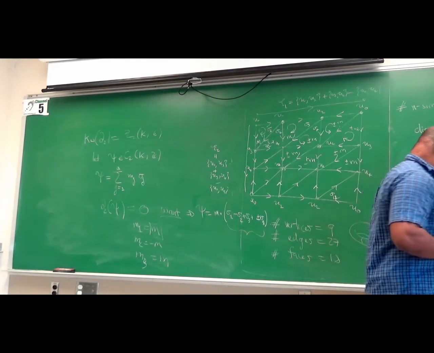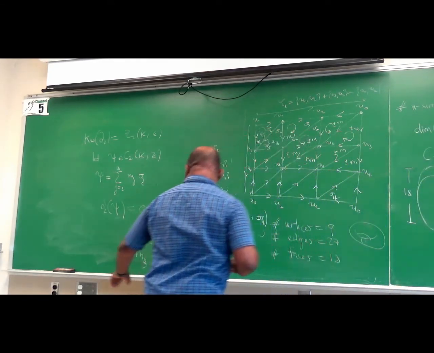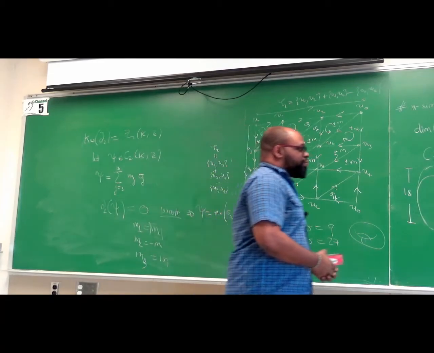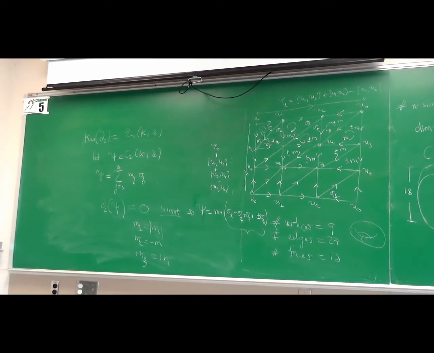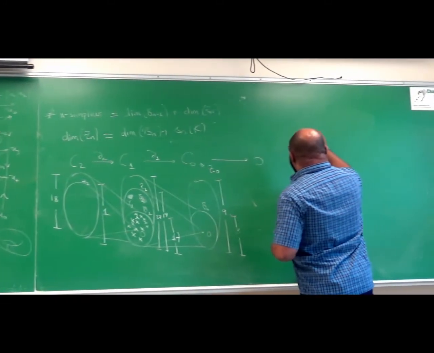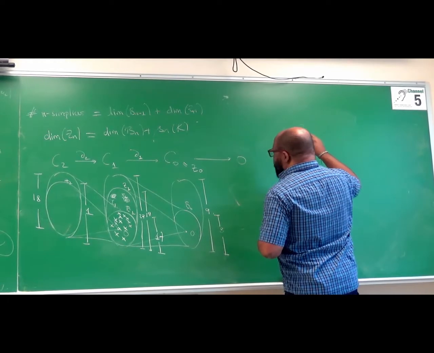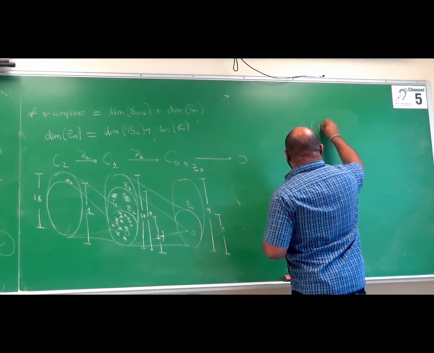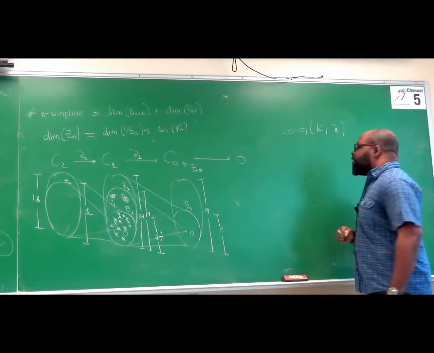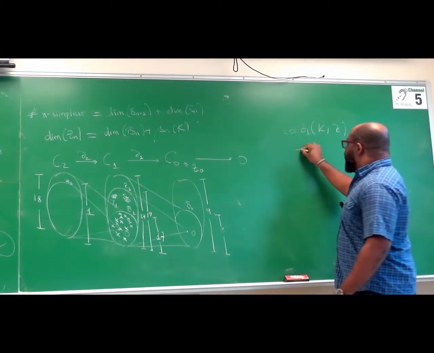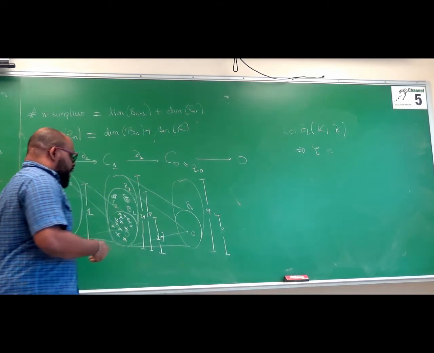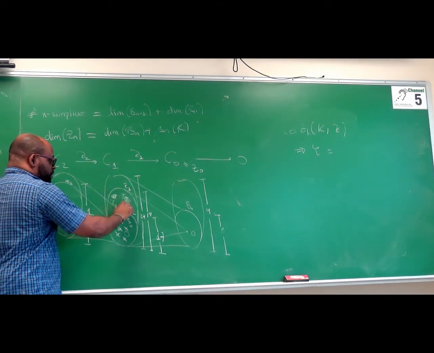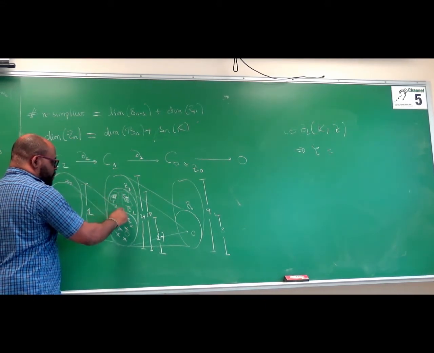So in summary, if I give you a zeta in zeta 1, a cycle, then we can write it in terms of the basis elements. Two of them we know, zeta 1 and zeta 2.